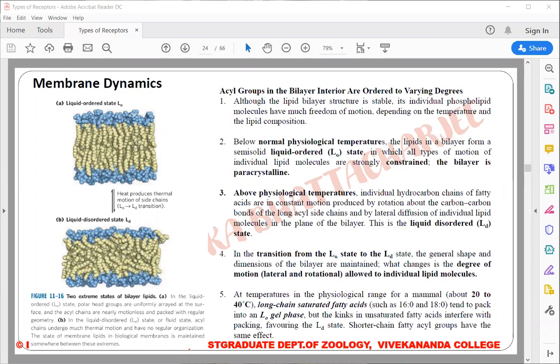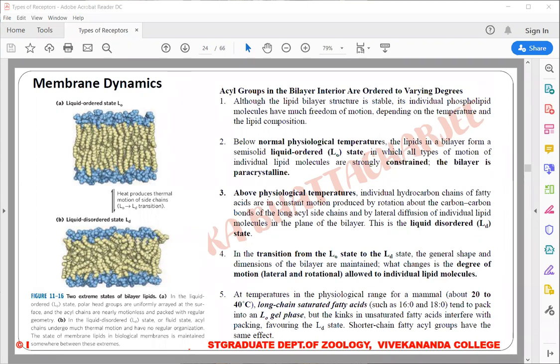Our normal physiological temperature is 20 to 40 degrees centigrade, so most long chain saturated fatty acids prefer to remain in this ordered state, in a stricter configuration. But as the temperature rises and heat is gained by the membrane, the membrane fluidity increases, and this state of the membrane is known as the liquid disordered state.